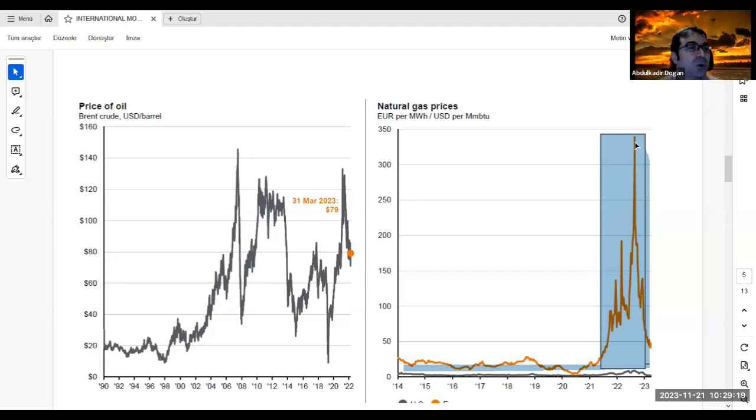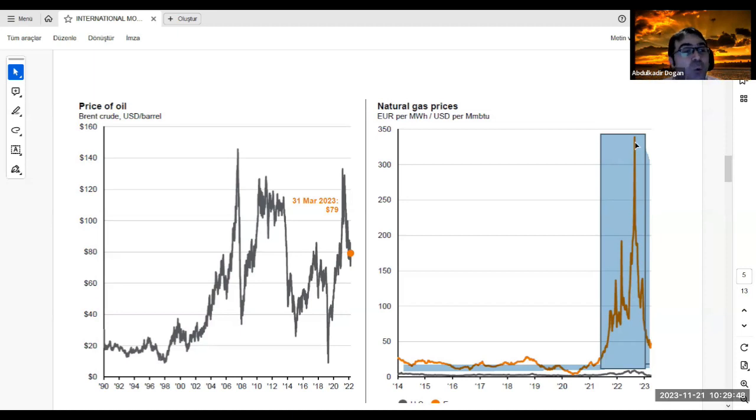Because all European Union countries use Russian natural gas, even for cooling and heating their homes. If that supply decreases, you can be ready to pay even $1,000 to heat your home, right? Because the supply is cut, and you need to heat your home. For that reason, the prices reached their peak level.